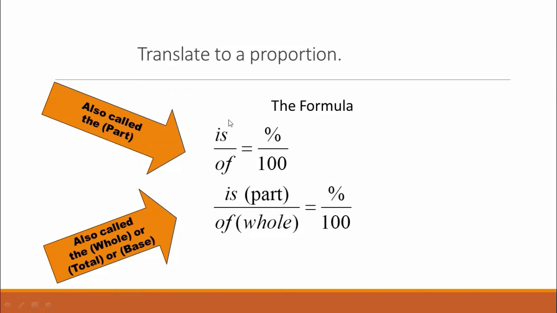So part divided by whole is equal to percent divided by 100. So "is" means part and "of" means whole, equal to percent divided by 100. This is the translation of the given formula by which we can calculate the percentage.